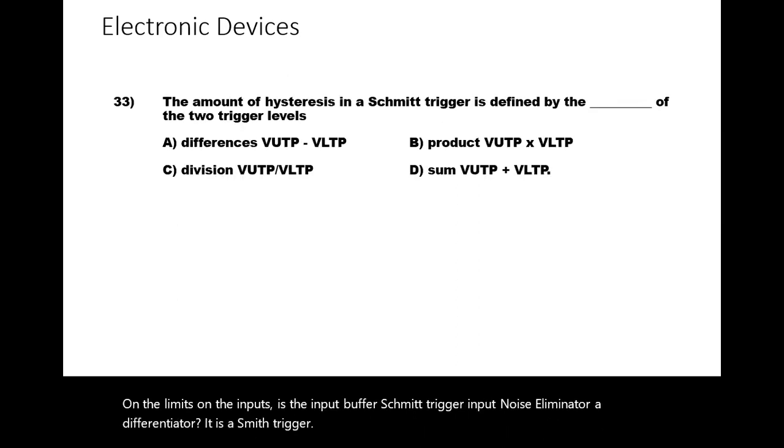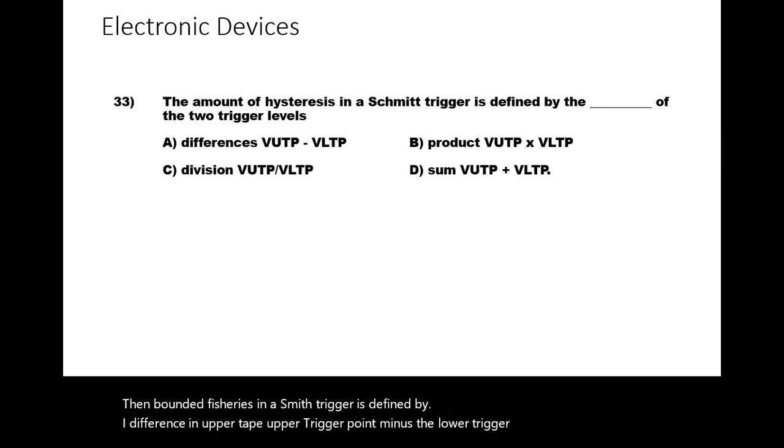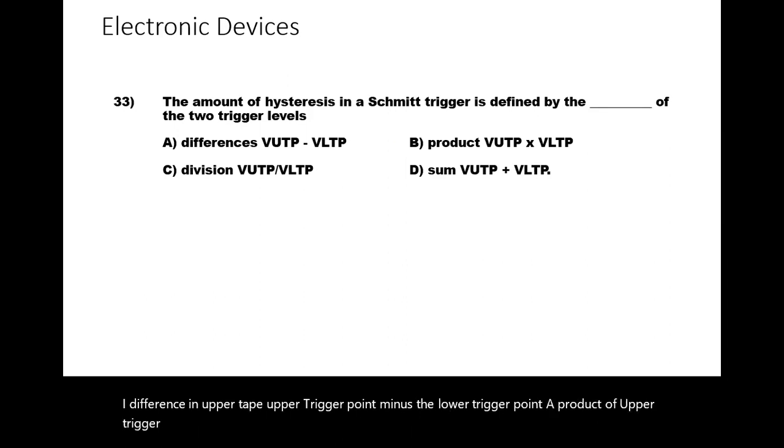The amount of hysteresis in a Schmitt trigger is defined by the difference of the upper trigger point minus the lower trigger point, the product of the upper and lower trigger points, the division of the upper trigger point by the lower trigger point, or the sum of the upper and lower trigger points.